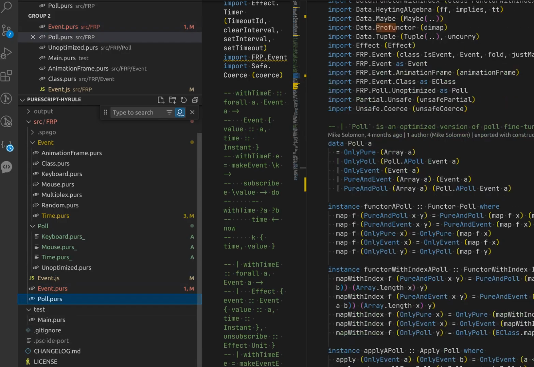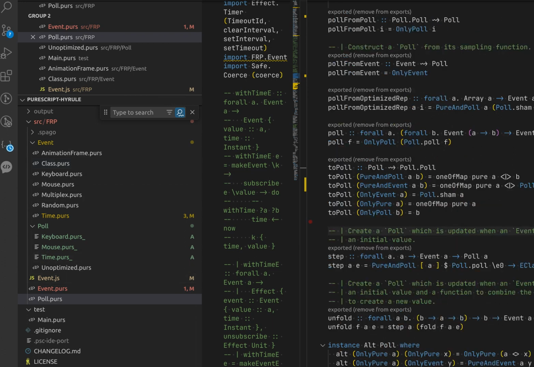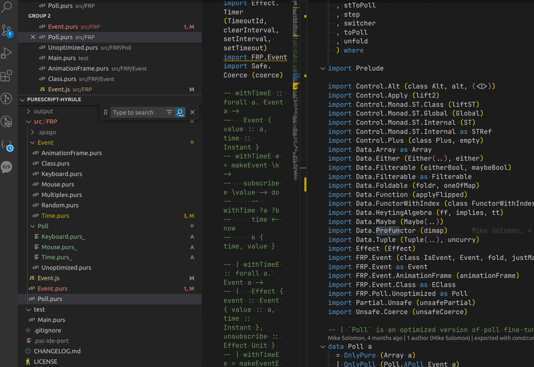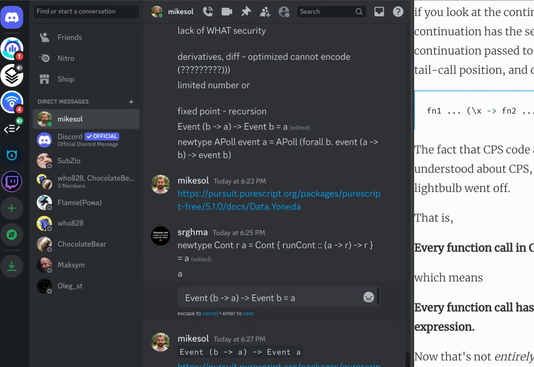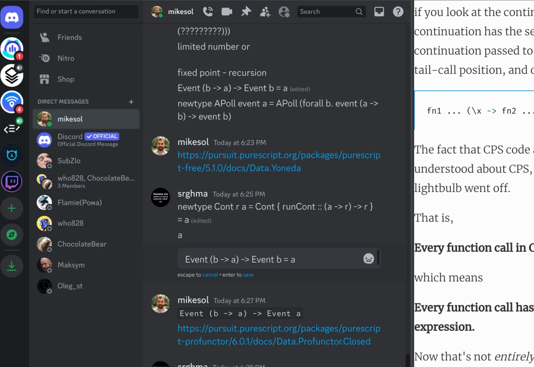But I don't see the profunctor for the poll, right? You say that the poll is a profunctor, but event is not. No, sorry, that's not what I was saying. What I was saying is that you can have closed profunctors that follow a similar shape, but poll isn't a profunctor, for many reasons, one of which is that poll's kind is type to type, so it's a functor.